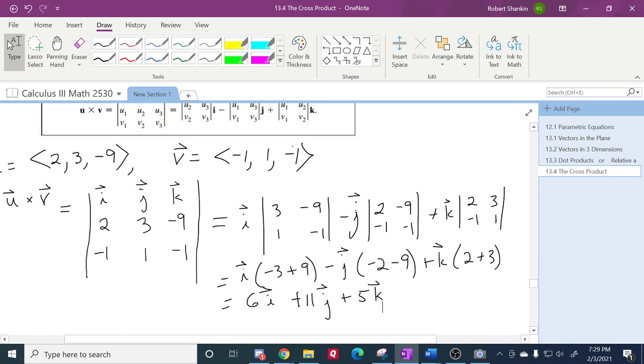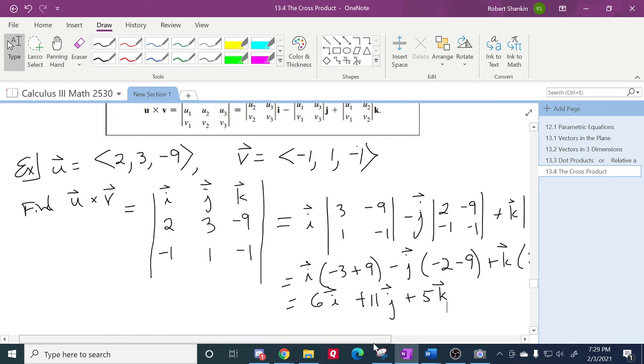All right. Any questions? So this is just a computational detail, how we quickly compute the cross product of 2 vectors.